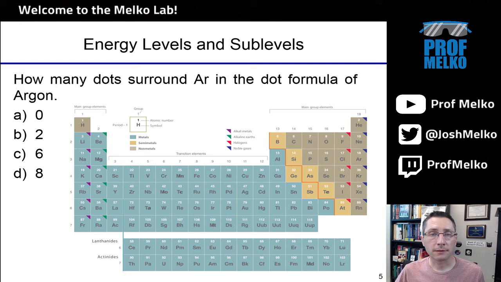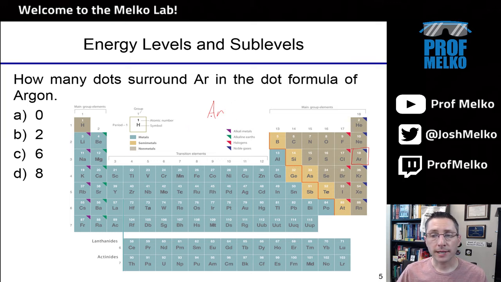We've also discussed dot formulas, where you write the symbol for an element and surround it by its valence electrons. So how many dots surround argon in the dot formula for argon? I would write argon and surround it with its valence electrons.